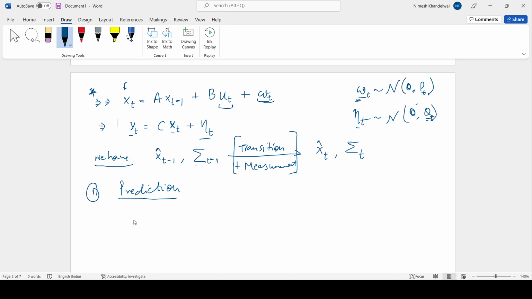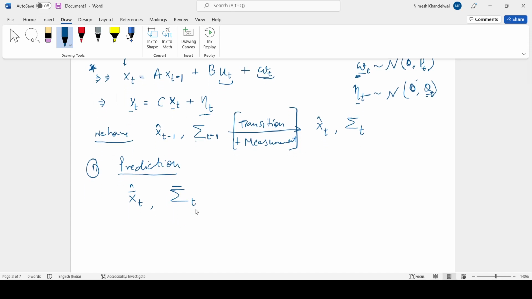I call the prediction based only on the transition model x bar t, and similarly the variance based only on the prediction is sigma bar. This is basic probability, but still we'll do it.